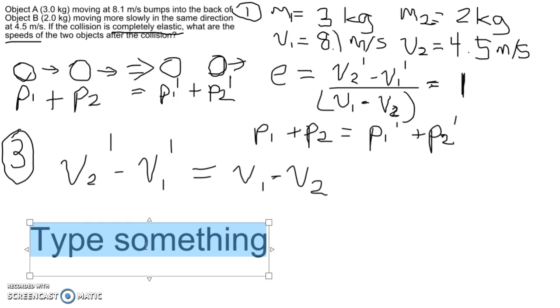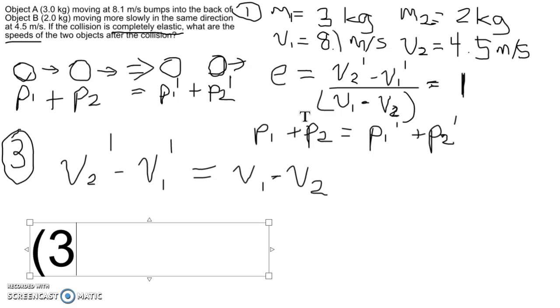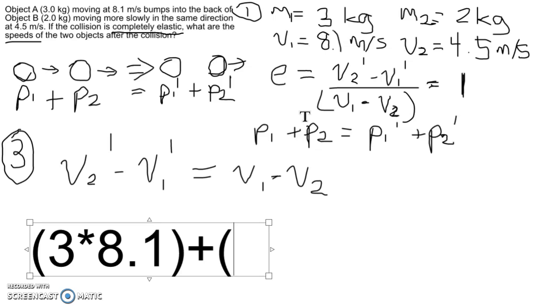Okay, so we're going to get started with the actual calculations. So first we're going to do the calculations for the momentums. Mass 1 times the velocity 1 is 3 times 8.1.